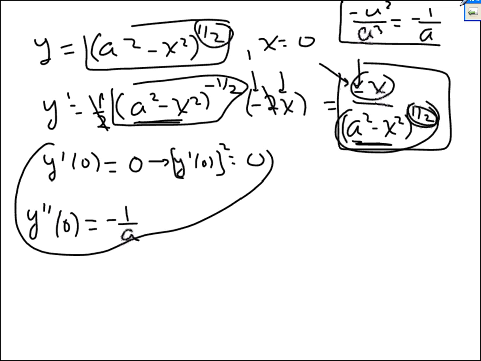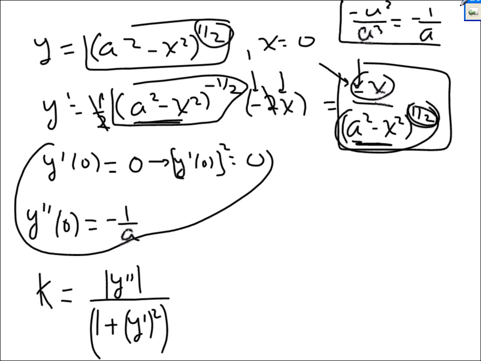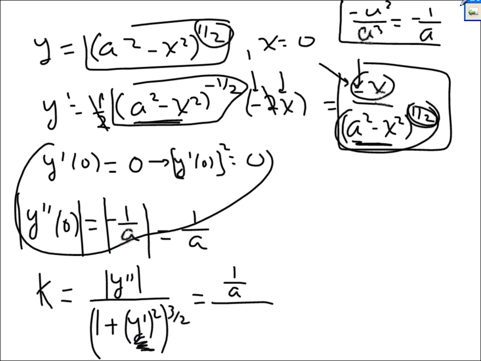With these two pieces, I claim we can do it. K is equal to y double prime divided by 1 plus y prime squared, all to the 3/2 power. Well, y double prime, the absolute value is 1 over a. Then we divide by 1, because y prime is 0.